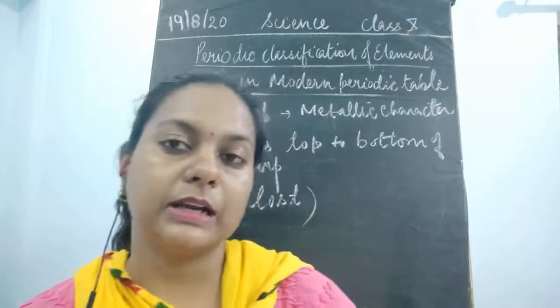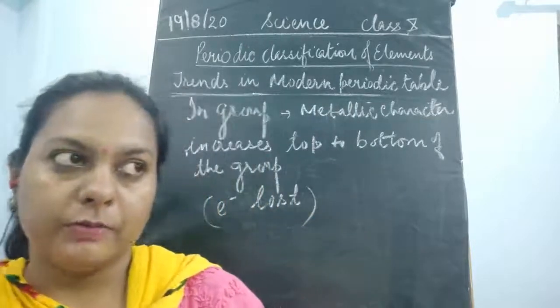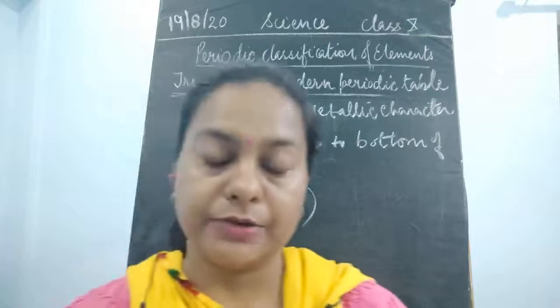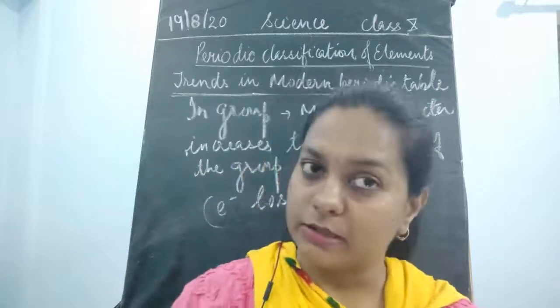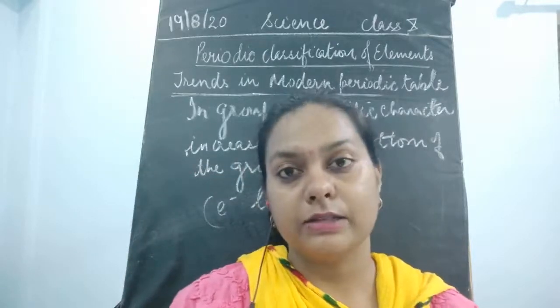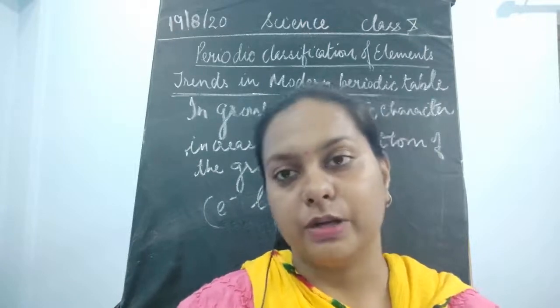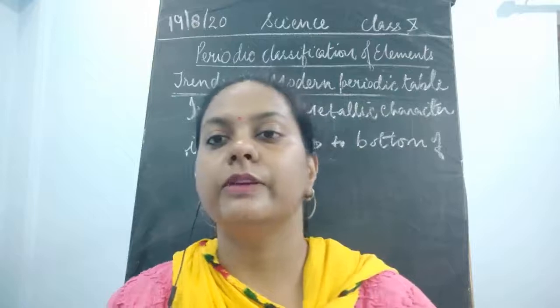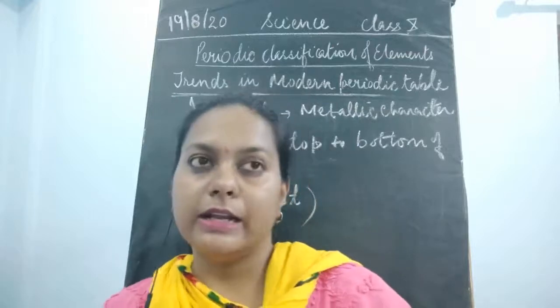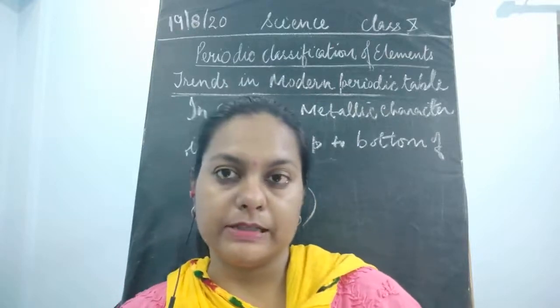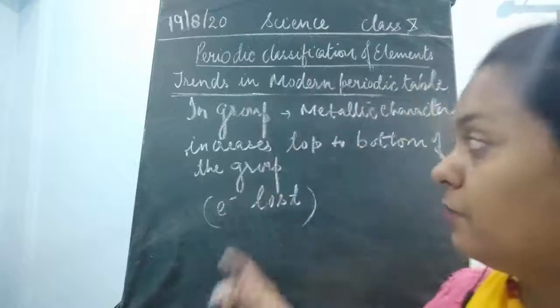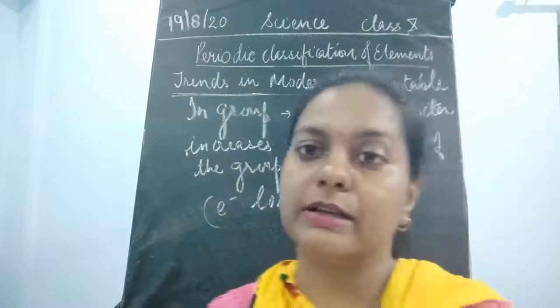Children, please understand that whenever we talk about metallic character, it means the electrons are getting lost. If electrons are getting lost, the property of the metal is going to increase, and thus when we are moving down the group, the electron losing capacity is going to increase. Why? As we move down the group, the shells are increasing.